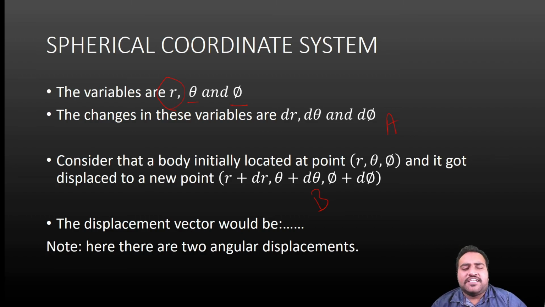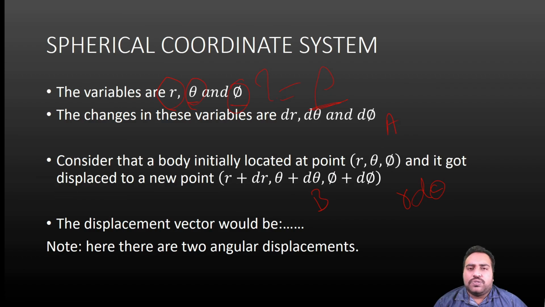Here there are 2 angular displacements. It is very clear that the radius of theta is r, so the path length would be r d theta, whereas what is the radius of phi? It is rho. What is the relationship between rho and r? We have seen in the previous topics while we had discussed unit vector.